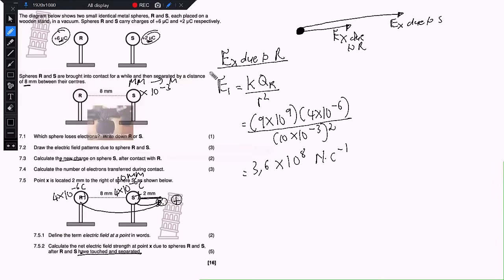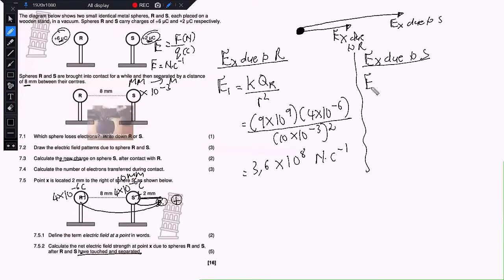Note that this is electric field. It's not in Newton. It's in Newton per Coulomb, right? Because electric field is simply F over Q. So that's Newton for the force and then coulombs for the charge, which gives us our Newton per Coulomb. Now let's calculate E of X due to S.